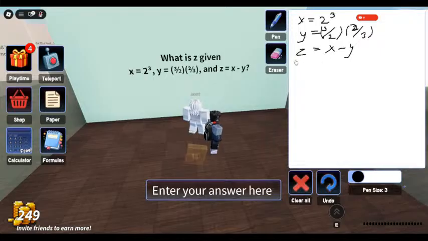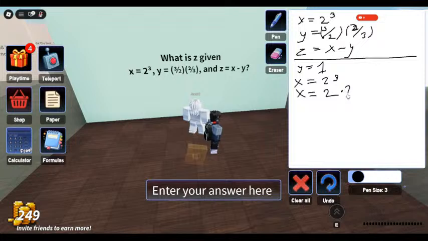You can put this in here. y is equal to 1. Now x is equal to 2 thirds, or x is equal to 2 times 2 times 2. We can do this type of thing where 2 times 2 is 4. 4 times 2 is equal to 8.